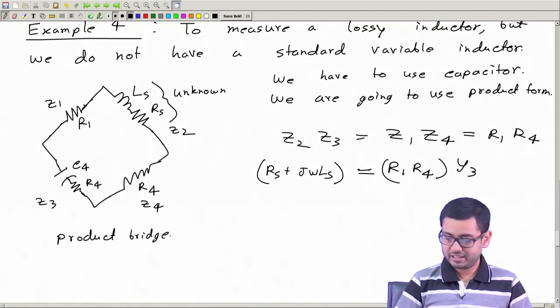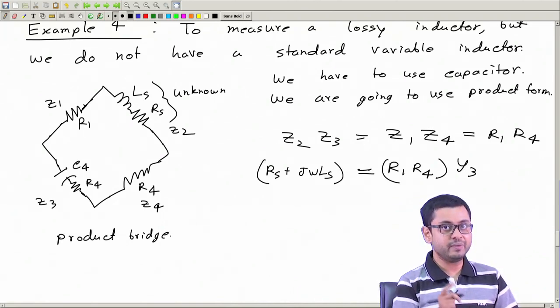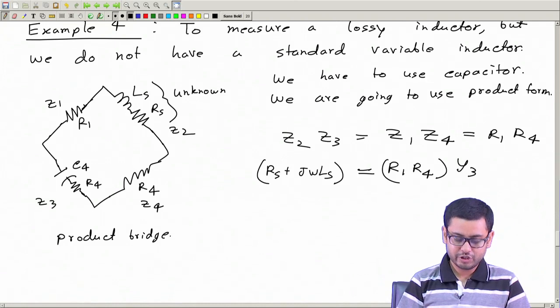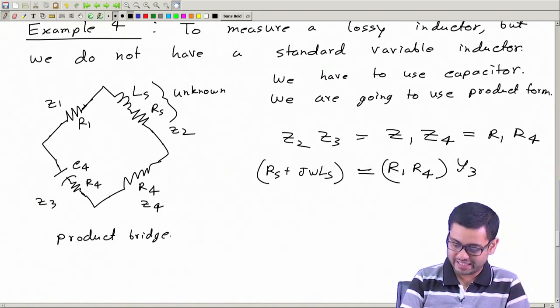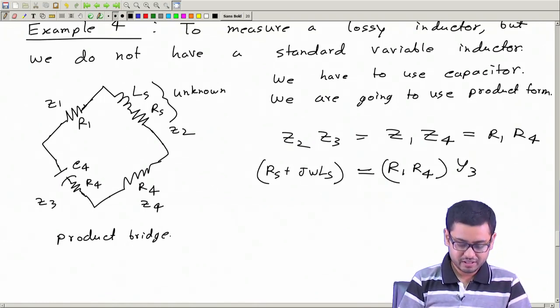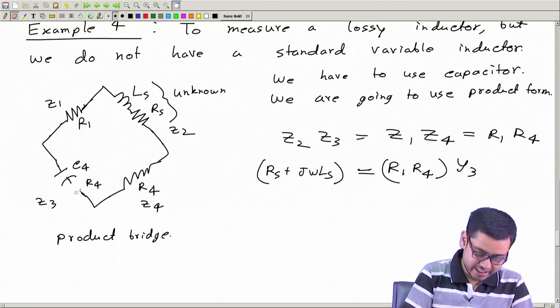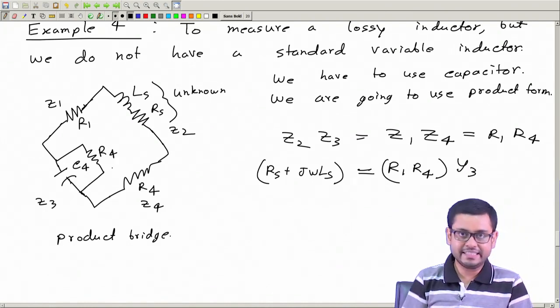Now we have seen that admittance is easy to calculate if the elements are in parallel. But if these two are in series, it is difficult to find the admittance. I mean, we can find it, it is not impossible, but it will take 3-4 lines. But if I instead put these two in parallel, then I can write the admittance quite easily.